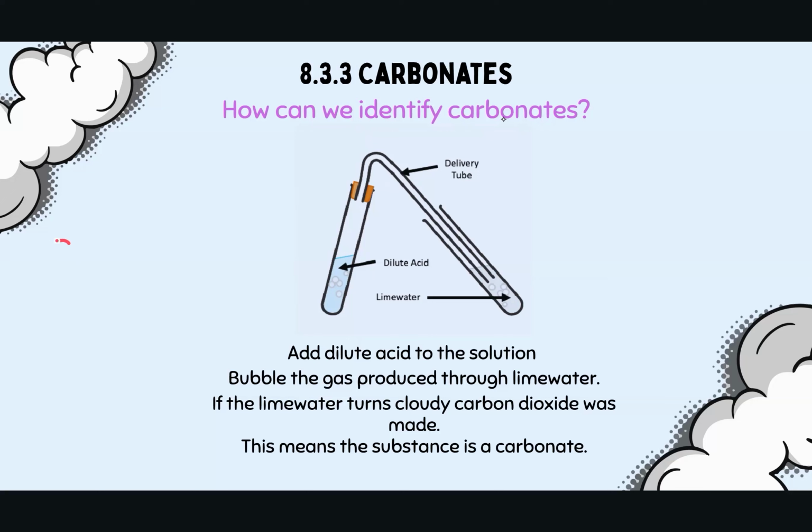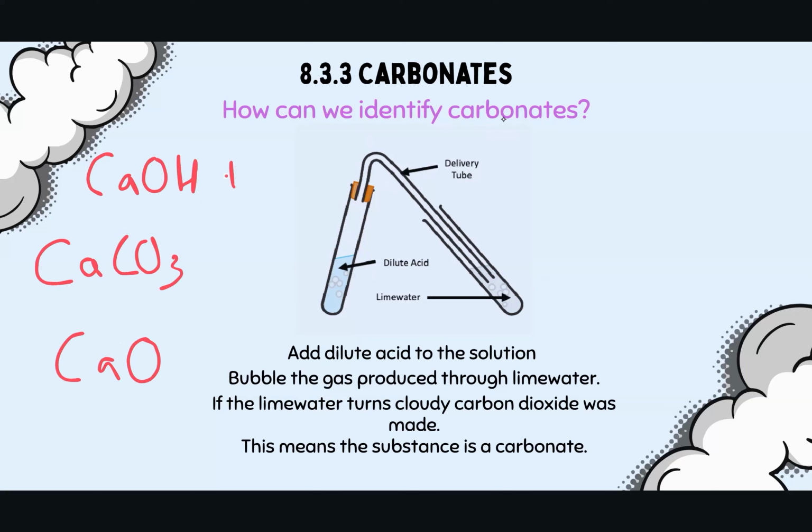So let's say you've got calcium carbonate and you've got calcium hydroxide and you've got calcium oxide and you're trying to identify which one of the three is a carbonate. So what you would do is add an acid. I should just write HCl. Let's add HCl to all of them.